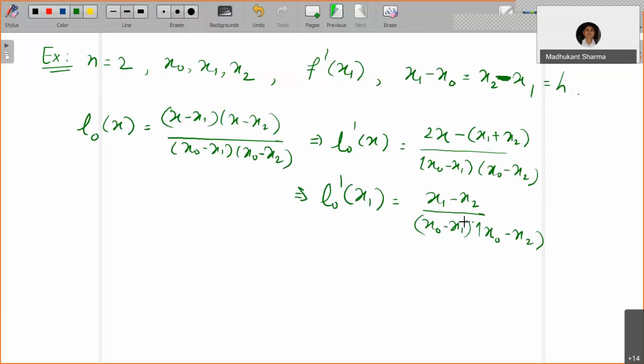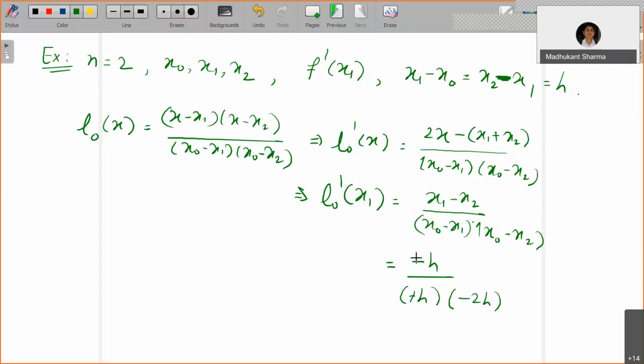Since they are equally spaced, the numerator is minus h. In the denominator, x0 minus x1 is minus h, and x0 minus x2 is minus 2h.